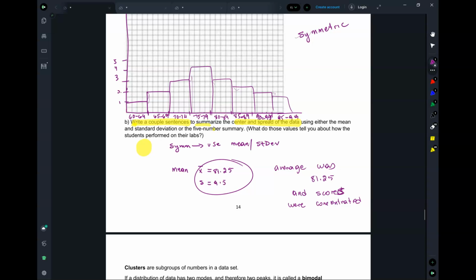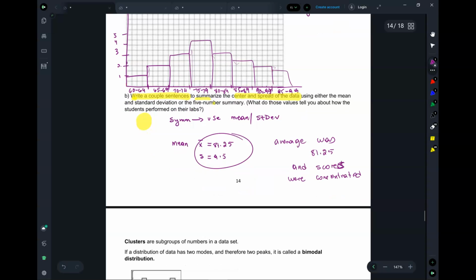And the scores were concentrated between like 70 and 89. Do you see that? And how do I come up with those numbers? You could either use the graph or the standard deviation is 9, right? So if I go roughly down about 10 and up about 10, that's about 70 to 90, okay?